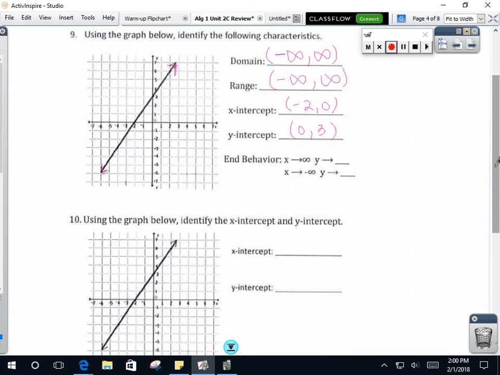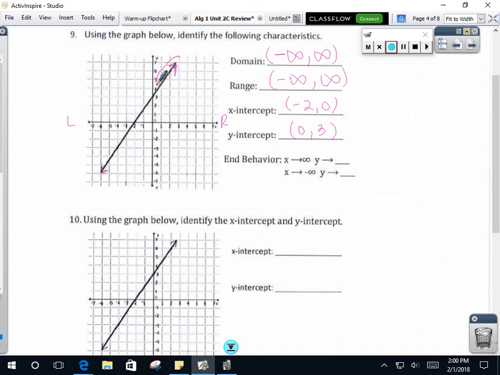Okay, end behavior. As x approaches infinity. We all know that the x-axis is the horizontal axis, which runs two directions. It runs left and it runs right. On the left side are where all your negative numbers are, and on the right side is where all of your positive numbers are. So if it says x approaches positive infinity, they're talking about this side of the x-axis, correct?